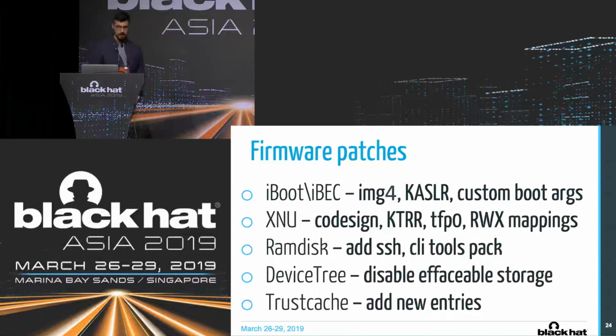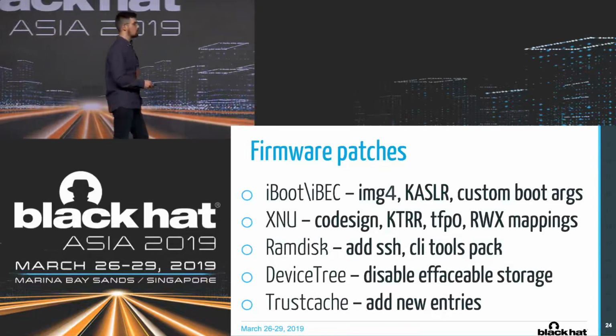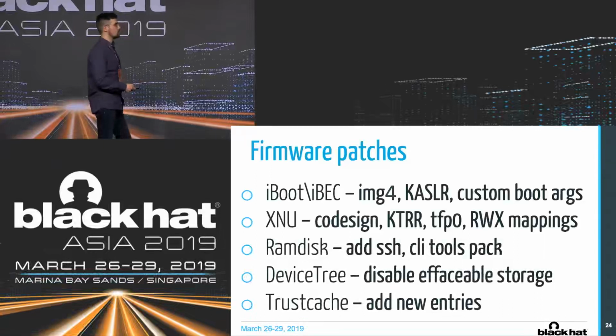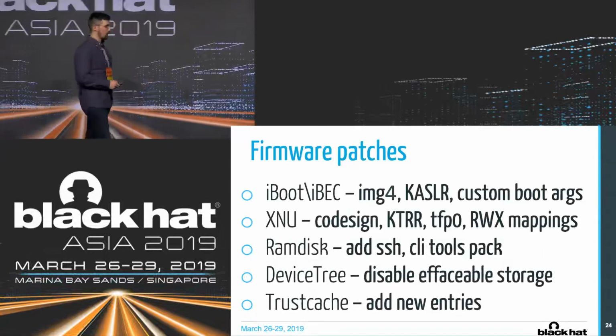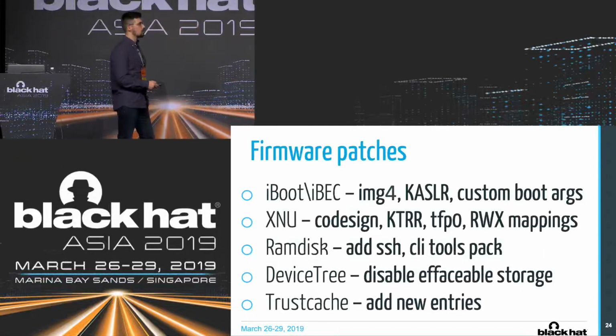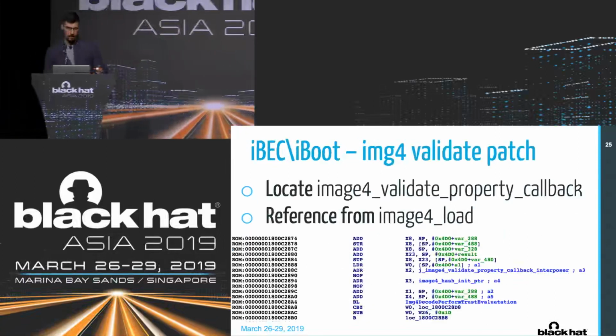For the device tree, again, it's not a required patch, but it's nice to have if we want to boot the second file system, the second iOS system, with UI. We need to disable the effaceable storage. And finally, trust cache is one of the alternative ways of disabling code sign. We can just add new entries to the trust cache. So this is how it looks.